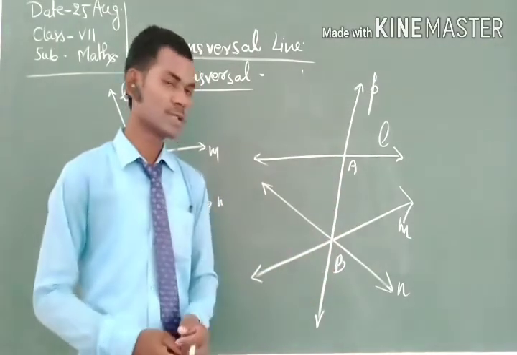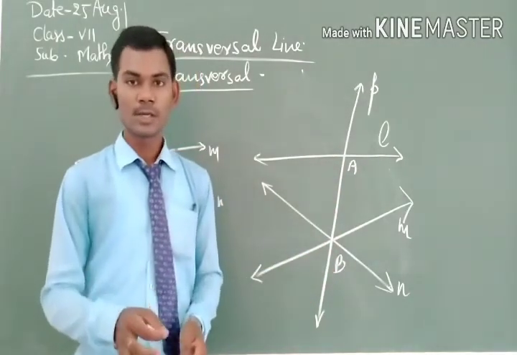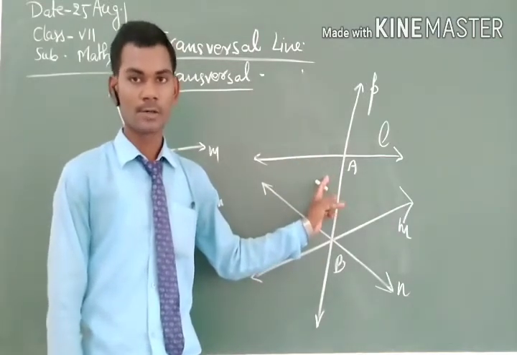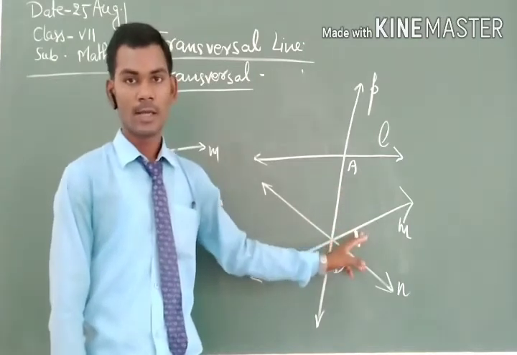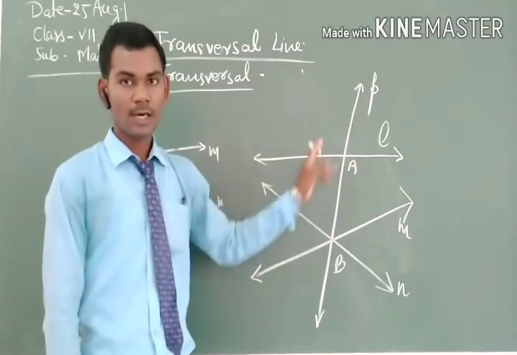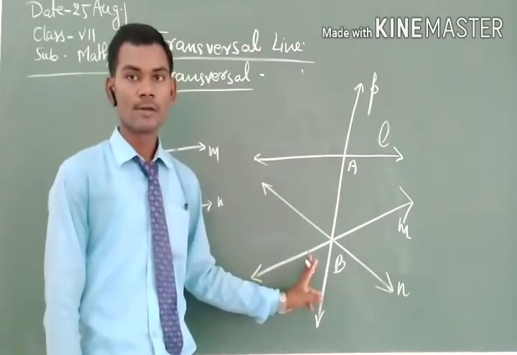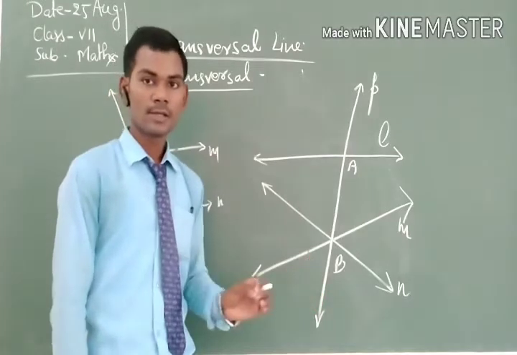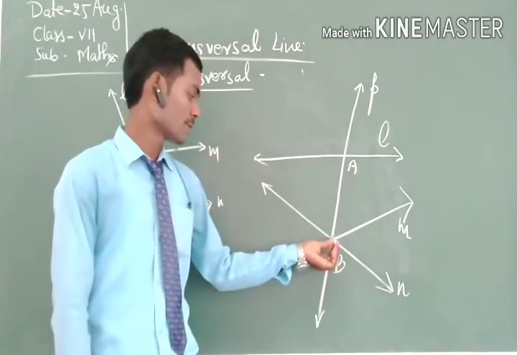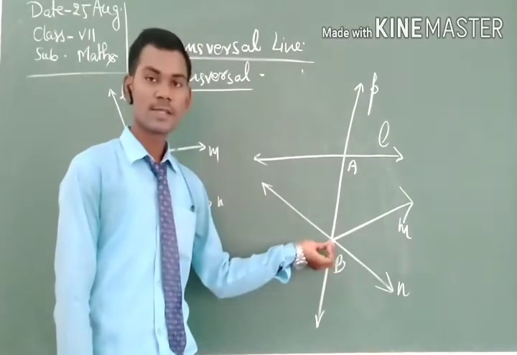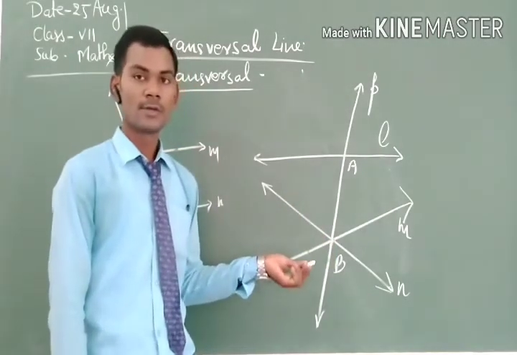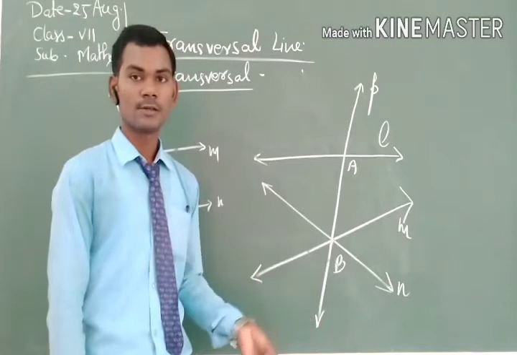But in this figure we see that the line P intersects the line L at the point A, but the lines M and N are intersected by the line P at only the point B, so it is not a transversal line, because the point of intersection at the point B is the same for the lines M and N.